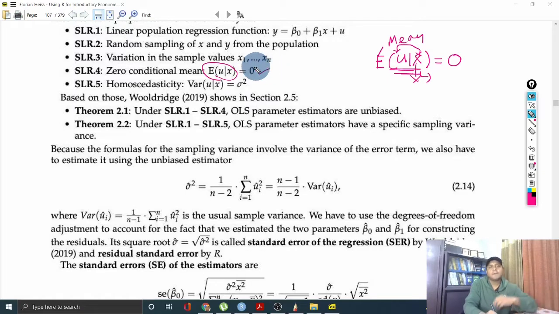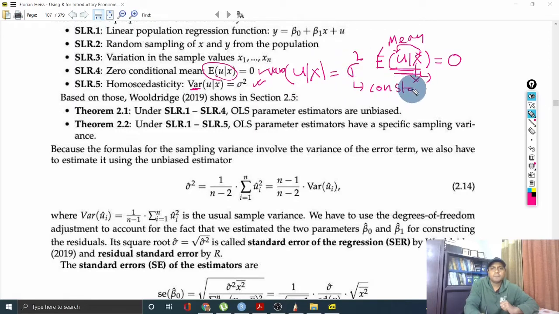The next one is called homoscedasticity. It is the opposite of heteroscedasticity. Here, instead of the conditional mean, we are using the variance, and this variance will be constant. So there will be no such thing as the variance being correlated with something.